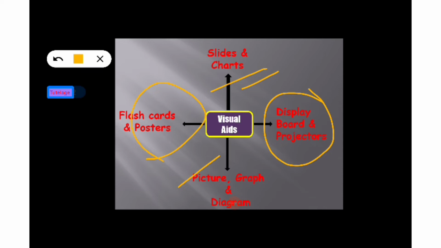So now going to the flashcards and the posters. Flashcards are like compact cards. These are generally used in sets. One card is displayed immediately after another. Information can be present on both sides of the card.